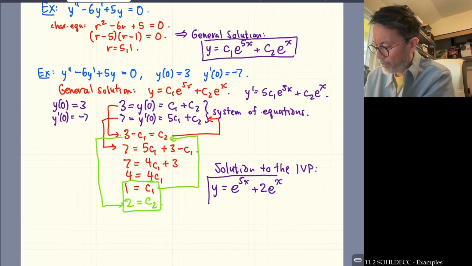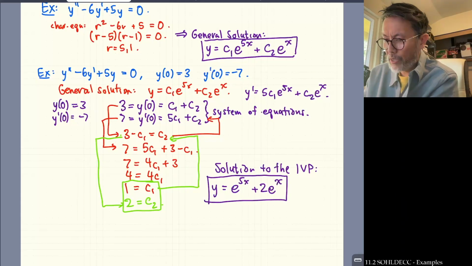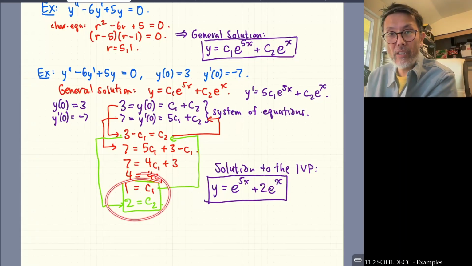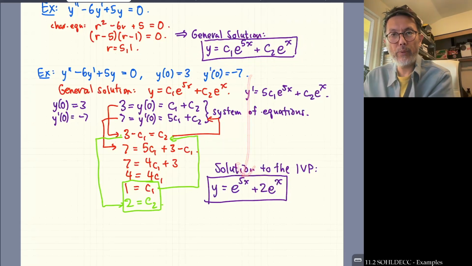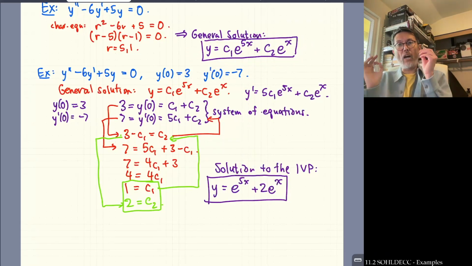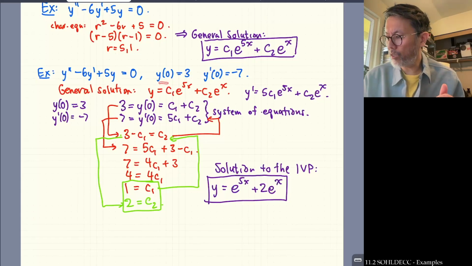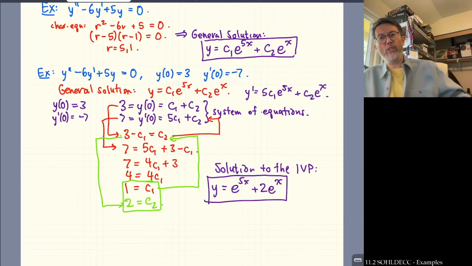Do you see how I did this, please? Just to be clear, I took this information about C1 and C2 and put it into the general solution, and I ended up with this particular expression, which solves not only the differential equation, but also solves the initial conditions.